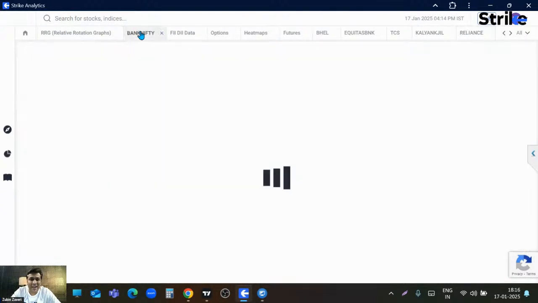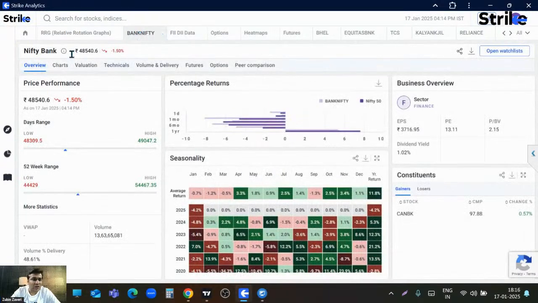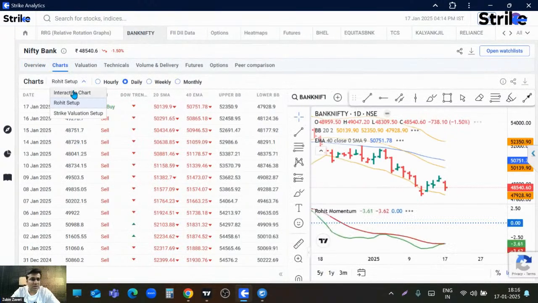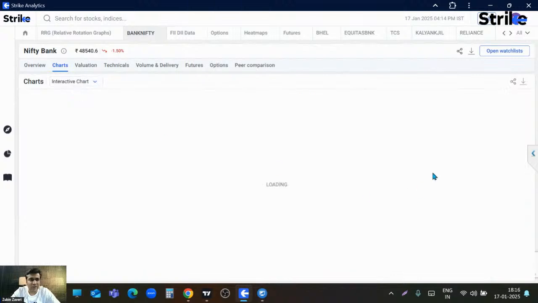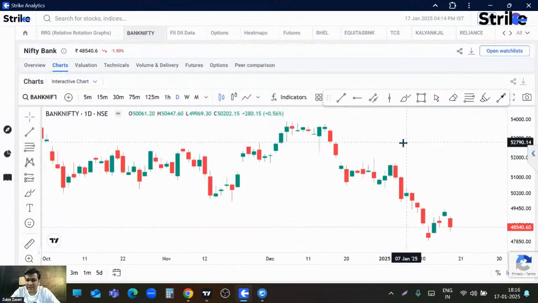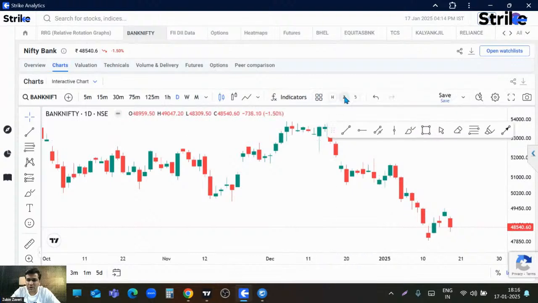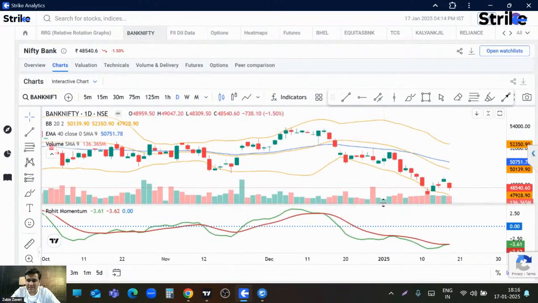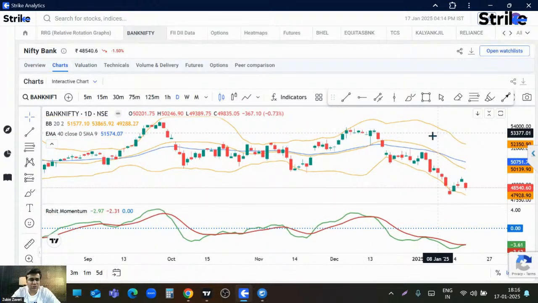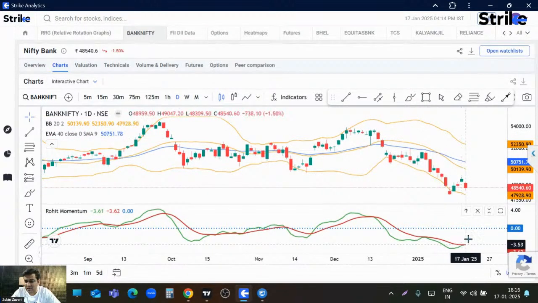Let's also look at the Bank Nifty chart very quickly. On the Bank Nifty front, on the daily chart, let me pull up our indices, and in the index, let me remove this. Okay, so the Bank Nifty on the daily chart is maybe in a buy mode.